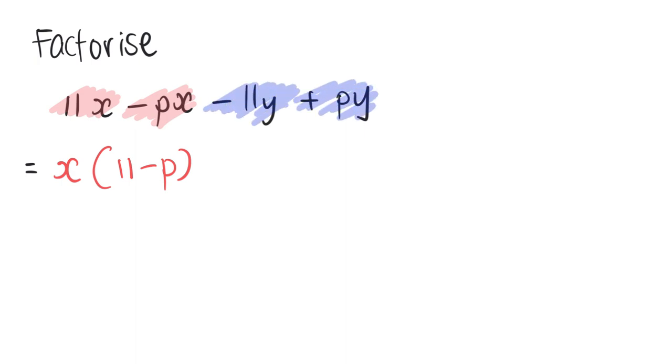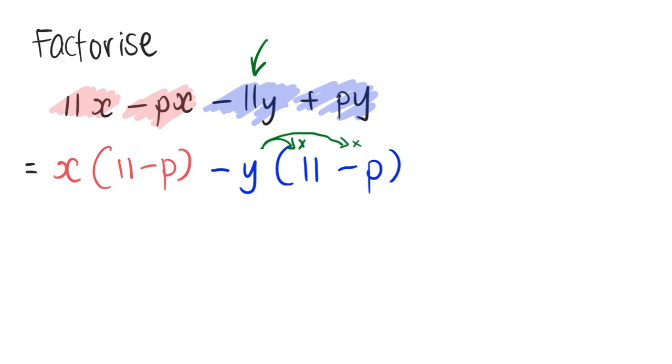And take note, if I take out minus y, I will have 11 minus p. Why is that so? Because if I have negative y times 11, it does give me back my negative 11y. Negative y times negative p, it does give me back my positive py. That's why it is a negative.